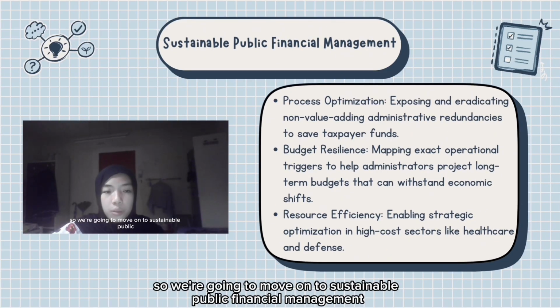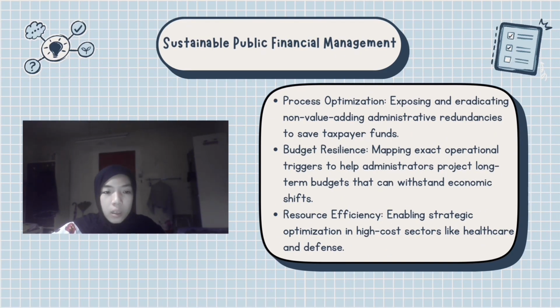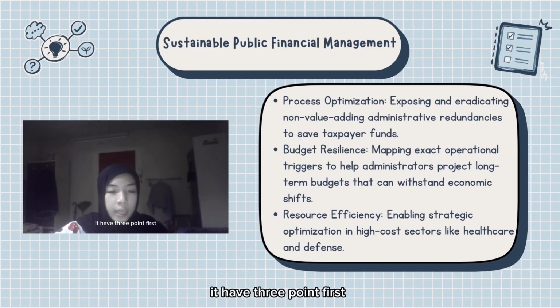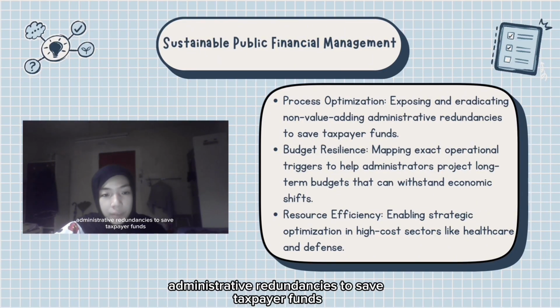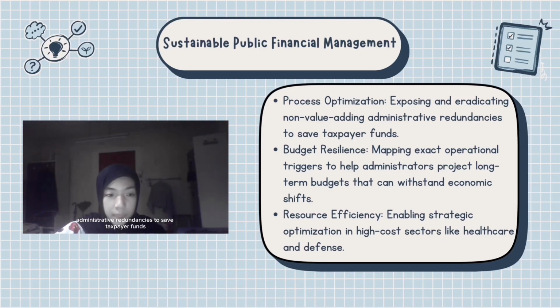So we're going to move on to sustainable public financial management. It has three points. First, process optimization, exposing and eradicating non-value-adding administrative redundancies to save taxpayer funds.